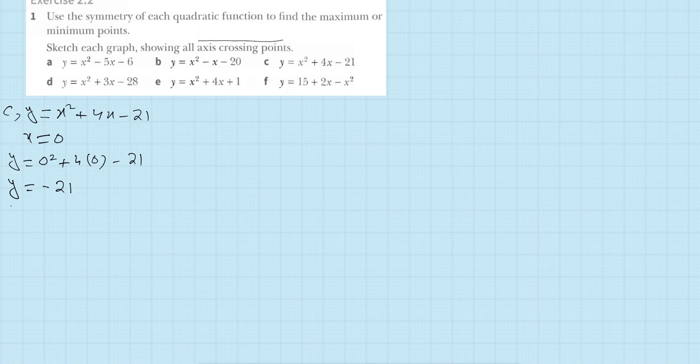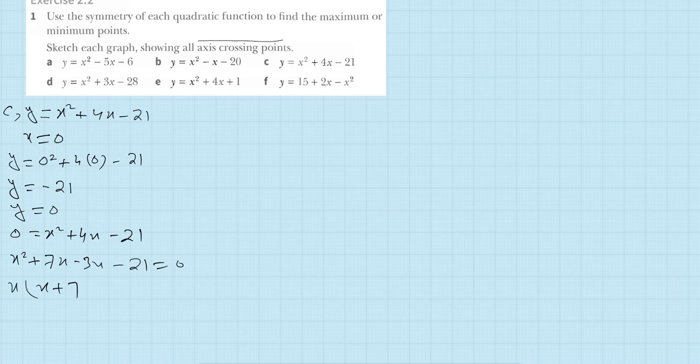Next put y is equals to 0. So 0 is equals to x square plus 4x minus 21. Factorize this: x square plus 7x minus 3x minus 21 is equals to 0.